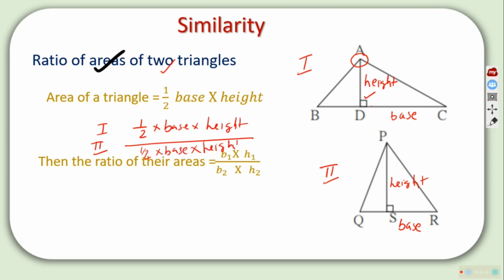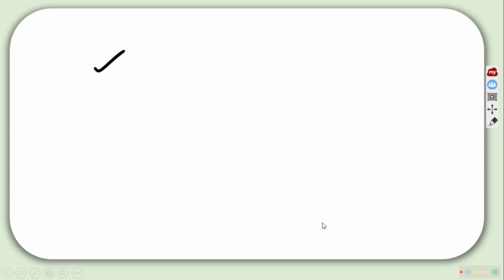And we know that half can be cancelled. Base दोनों का अलग है, एक BC है, QR है, height भी अलग हो सकता है. So ultimately the ratio of the areas of two triangles can be calculated by comparing the product of base into height. ये आपको अभी ध्यान में रखना है, half cancel हो जाता है.